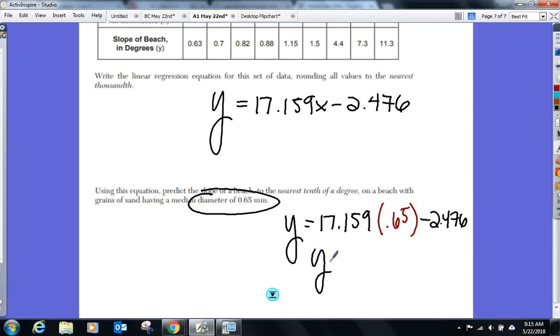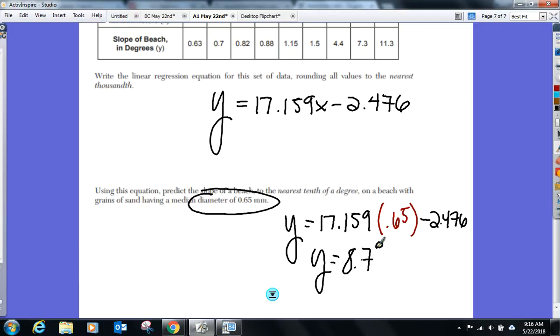What's the slope of the beach? You all right there? Y equals 8.7. Yep, 8.7 degrees.